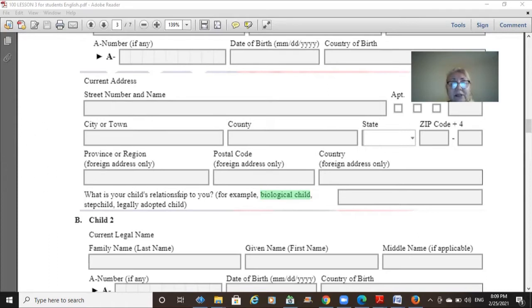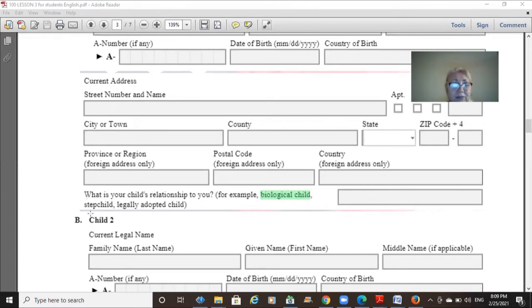And the last question for each child can be, what is your child's relationship to you? And this is what you need to know. If your child is a biological child, which is related to you by blood, that is what you are going to write in here, biological child.